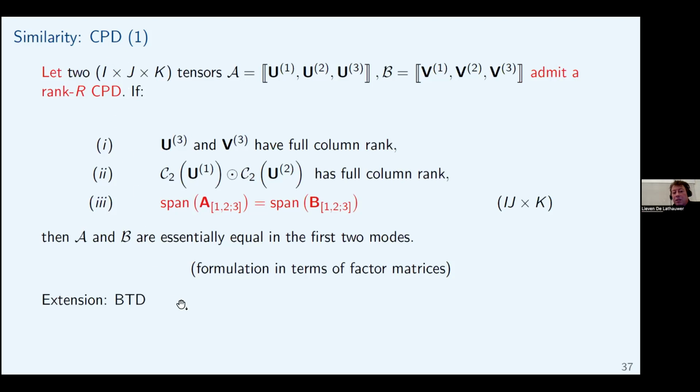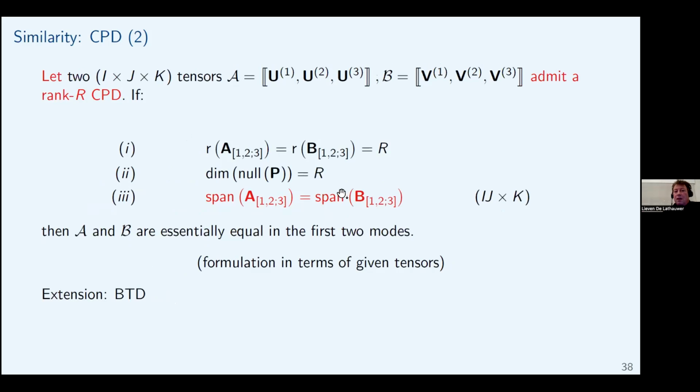We have this for CPD, but we also have this for the more complicated BTD. And also with easy conditions. This is a formulation of the theorem starting from the data instead of the factor matrices, with some flattenings for which you need to have a certain rank.